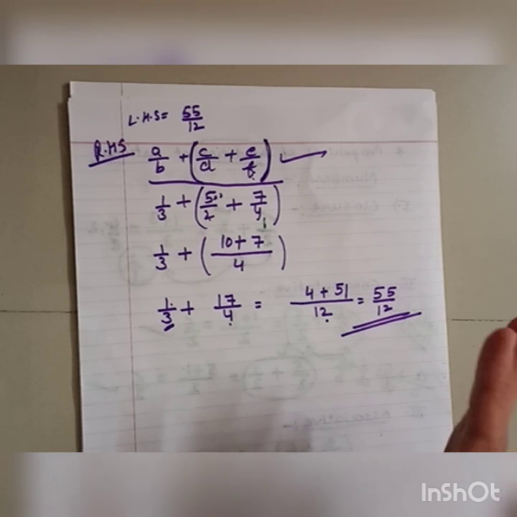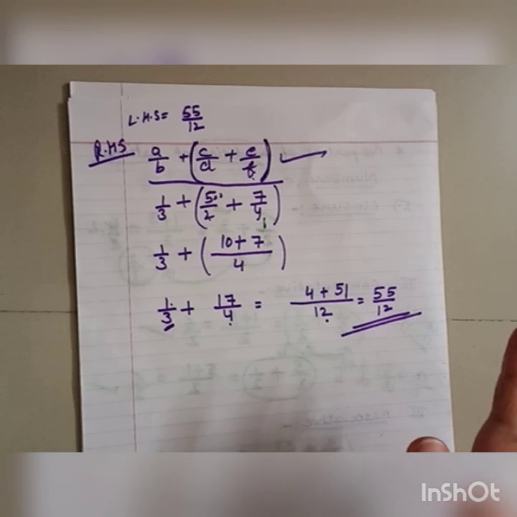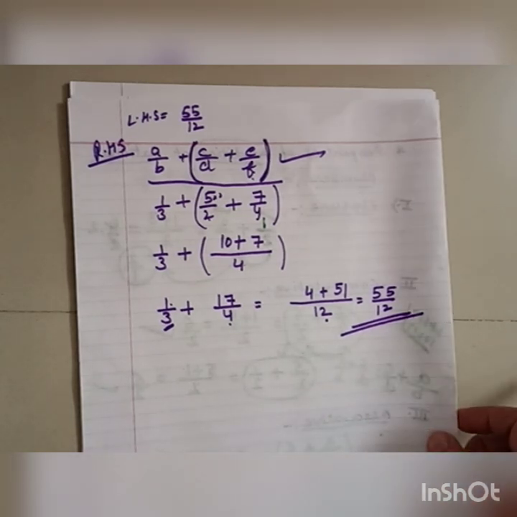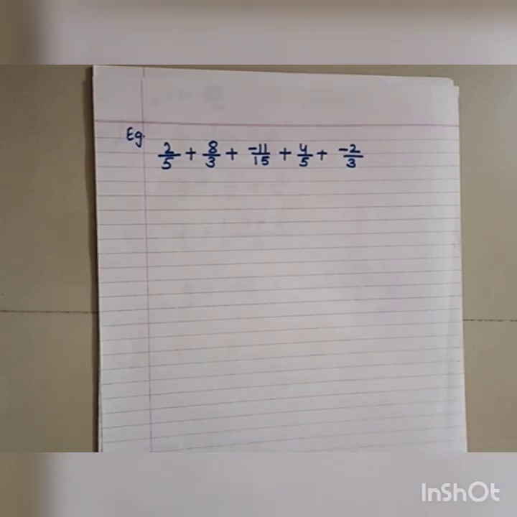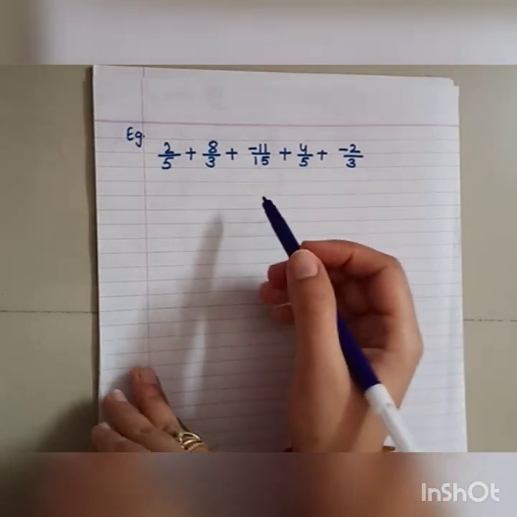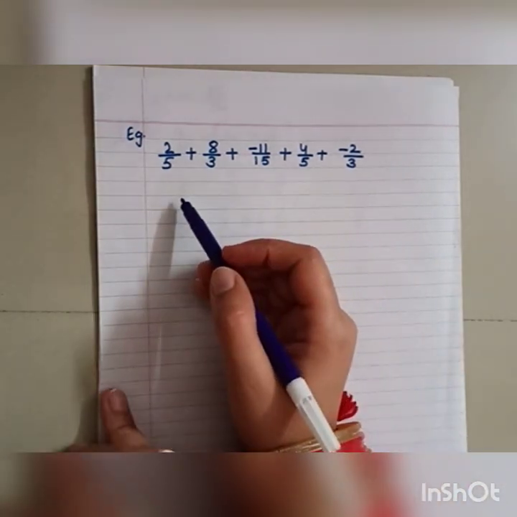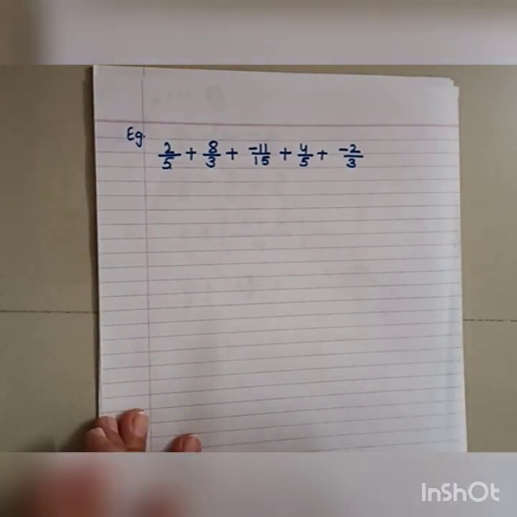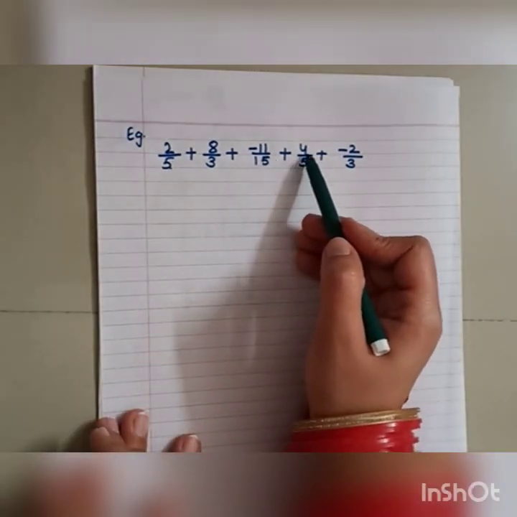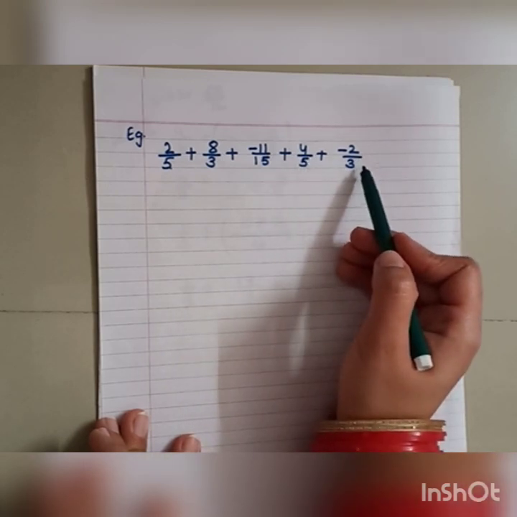Okay. And you can rearrange or group any 2 or 3 rational numbers. See one example. In this example, we group the numbers having the same denominator. How do we solve this example? See, 2 by 5, next is 8 by 3, minus 11 by 15, plus 4 by 5, plus minus 2 by 3.